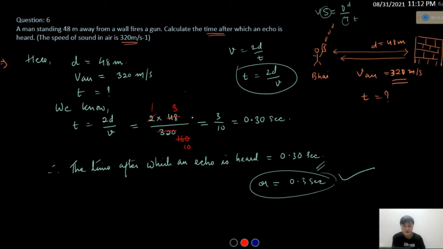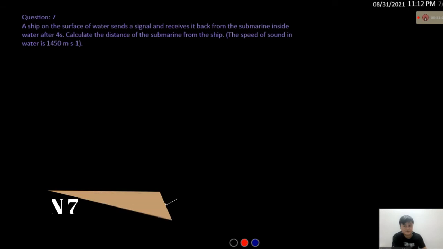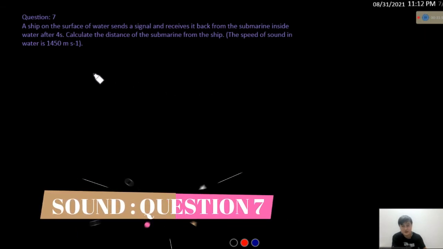Understood up to here? So let's move on to the next question. Here a ship on the surface of water sends a signal and receives it back from the submarine inside water after 4 seconds. Calculate the distance of the submarine from the ship. Speed of sound in water is 1450 meters per second.